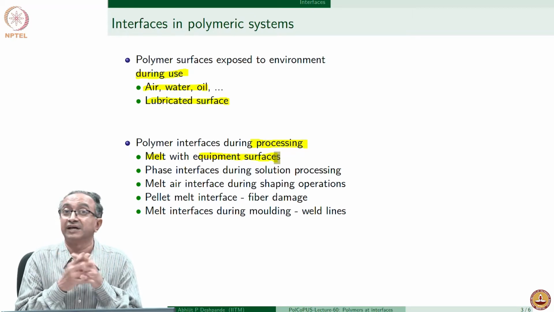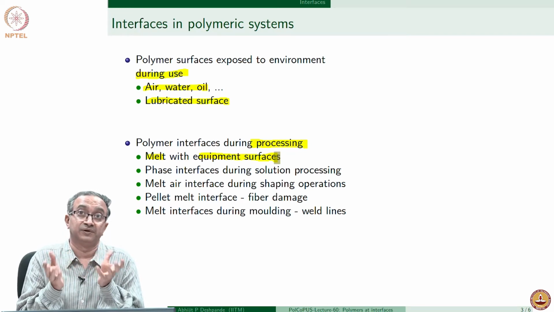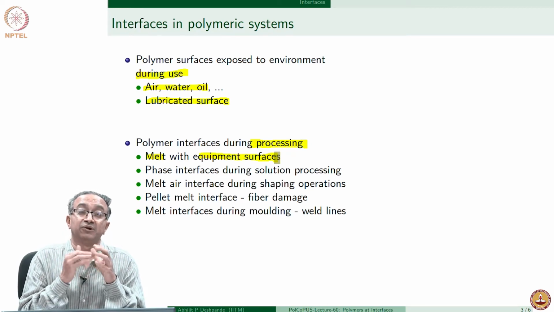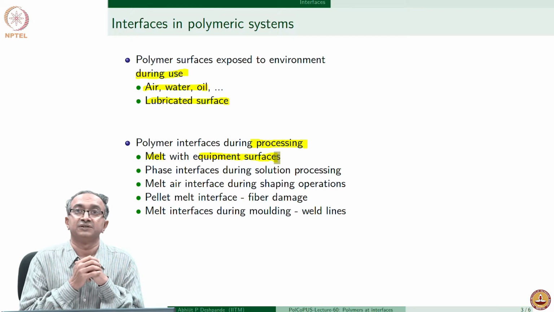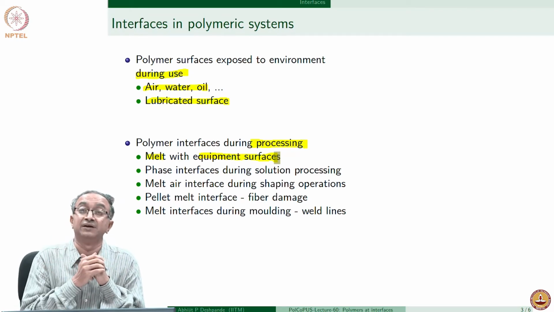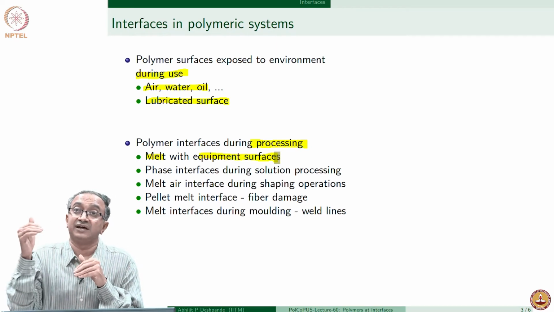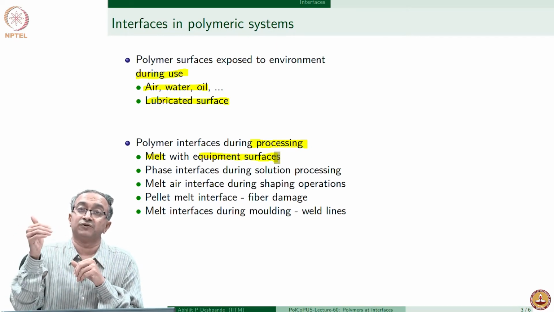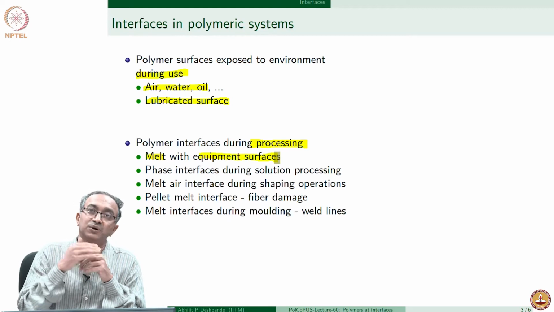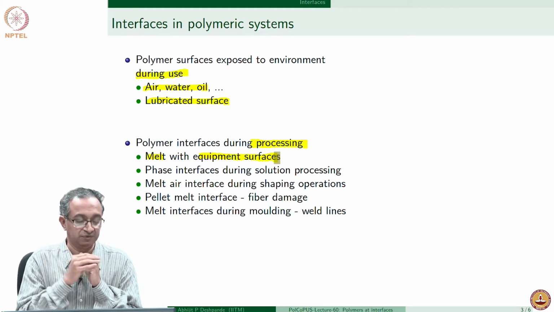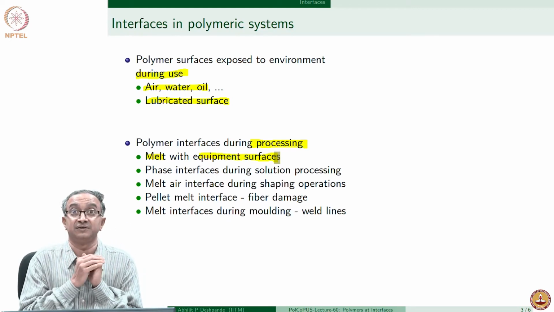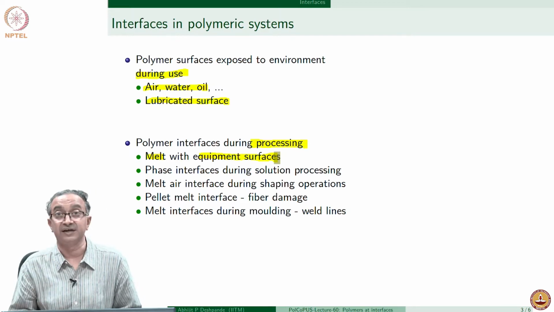This can be important from the point of view of the phenomenon where polymer remains on the surface of the equipment, and does that lead to anything, or some of the metallic components coming out from the metal surface into the polymer. So, what is the nature of the interface between polymers and the metallic surfaces in case of instruments?